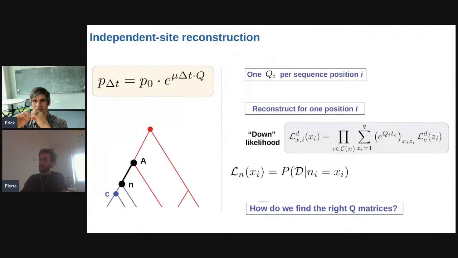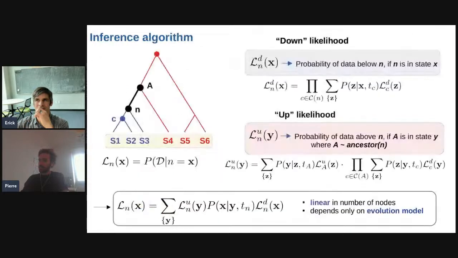Essentially, for each internal node, I compute in one pass over the tree the likelihood of the data that is below the node, and in another pass across the tree, I compute the likelihood of the data that is above the node, right?